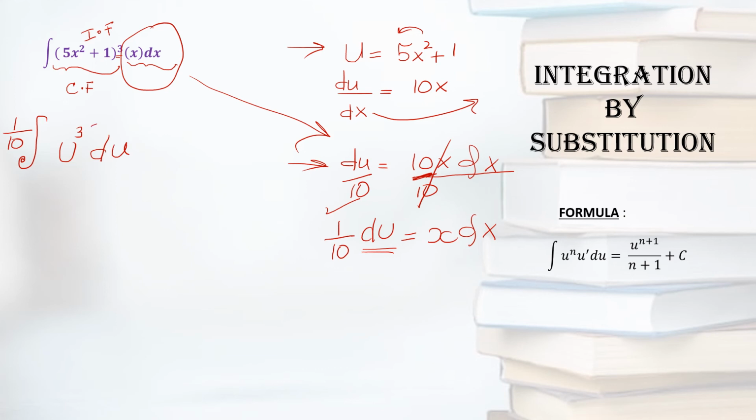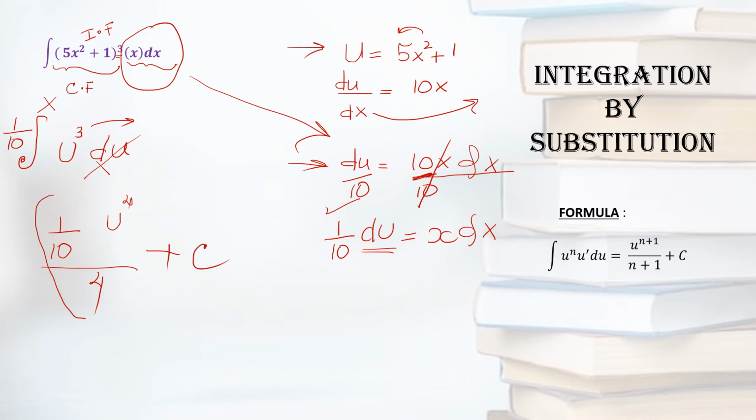Now again, it's a simple power rule. In the power rule, whenever you integrate, do not write the integral sign or the operator. Now add 1 to the power, so it becomes u to the power 4 over 4, and it is an indefinite integral, so add the constant of integration.